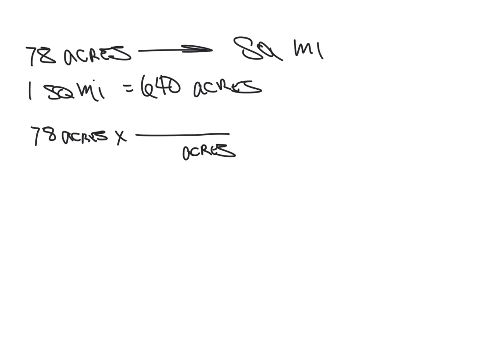Yes, we do. We know that there are 640 acres in 1 square mile. And is this what we're looking for? Yes. So we're done. We don't have to keep going. And we can cancel those acres because one's on the top and one's on the bottom. And whatever's left should be what we're looking for.